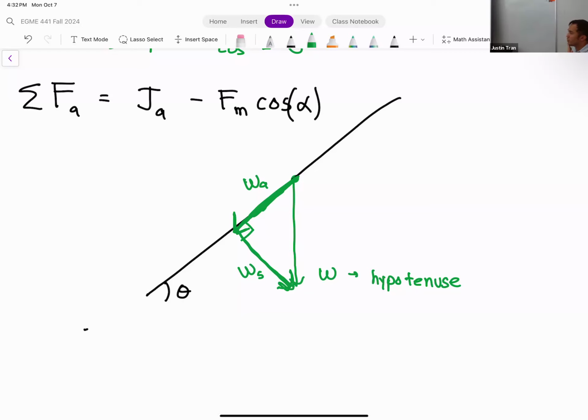Notice the directions that I drew these arrows in. Whenever you separate a vector into components, you're separating it into two vectors that are perpendicular to each other. If you consider WA to be a vector and WS to be a vector, and you add those two together, you should get your original vector. You add them tail to head, and that's why I drew the arrows in that direction.